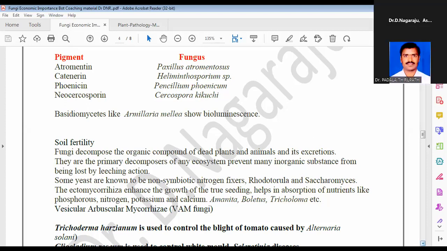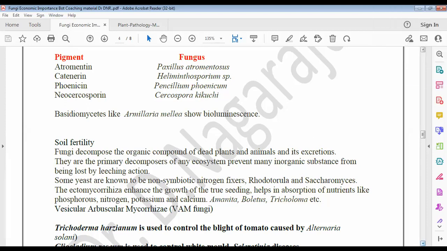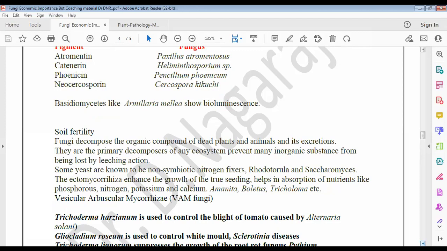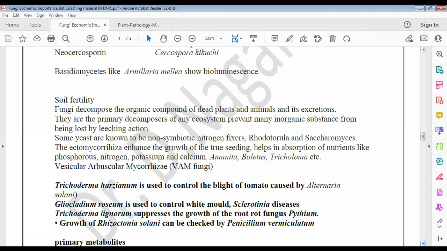It's a fly agaric. It shows the luminescence. And also it shows the, you totally forgot. Diazotrophic.